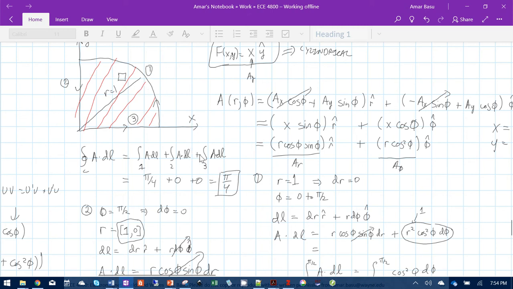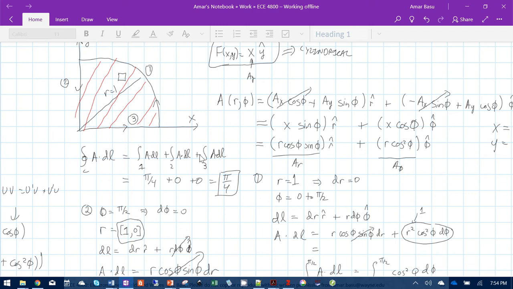If you're integrating along a circle, then polar or cylindrical coordinates is more appropriate. Spherical coordinates would be for a line or surface integral going across a wedge-shaped element or a cone-shaped element.